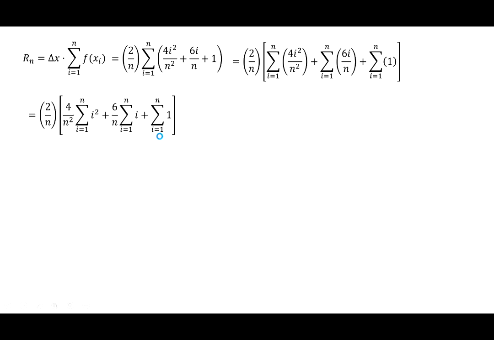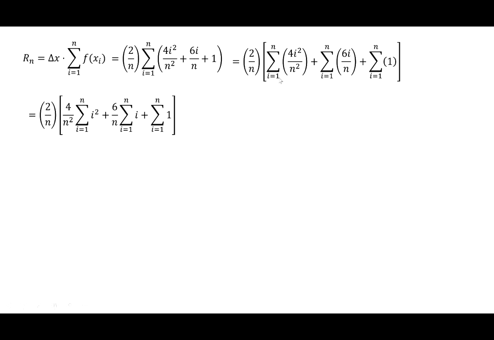Okay, fine. What's the next step? Pay attention to this part. Let's focus on this first sum, sigma 4i square over n square. Is 4 a constant? Yup. Is n a constant? Well, i is the one that is changing. i is the one that's taking on values of 1, 2, 3, 4 and so on.